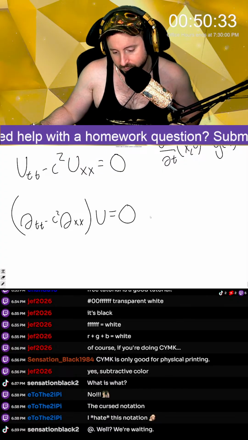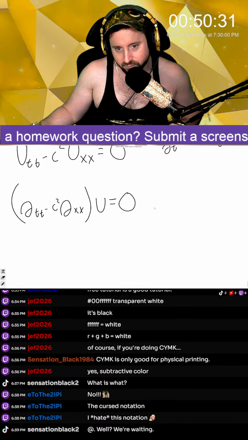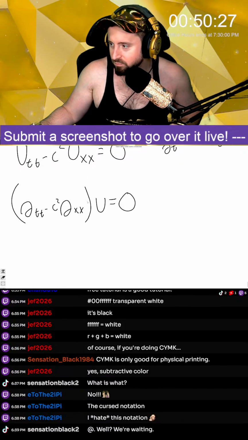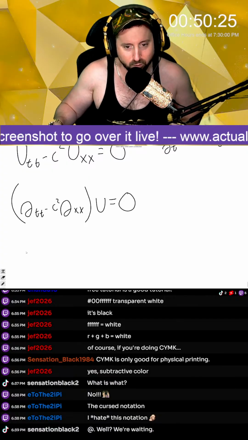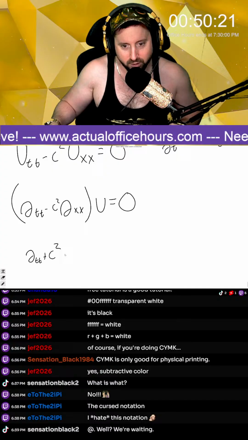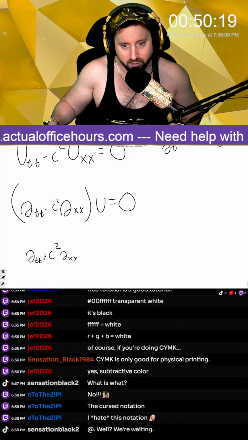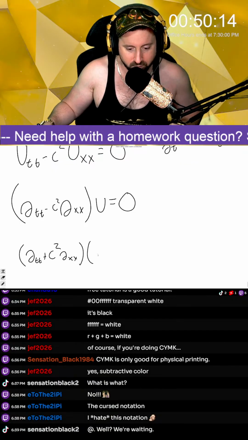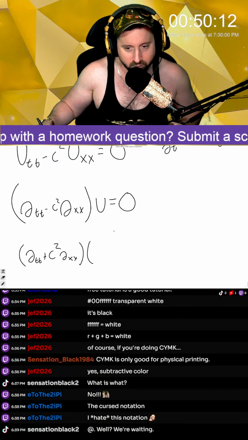Now we factor our operator again. The operator works a lot like a polynomial in this case. Is this valid? Is this what you want me to do? Almost.